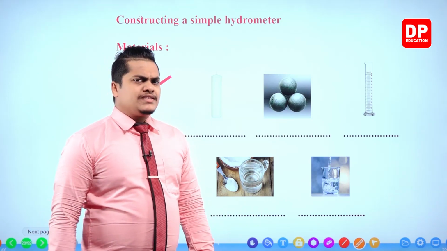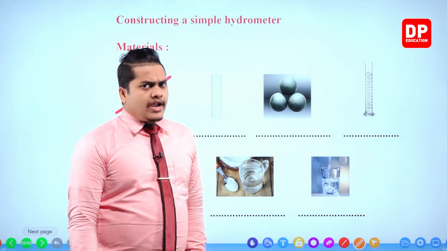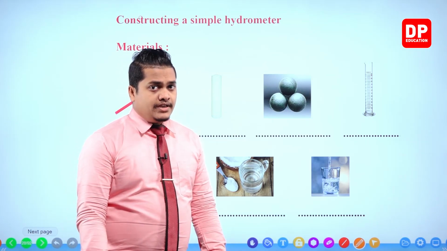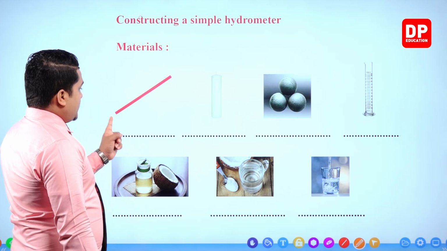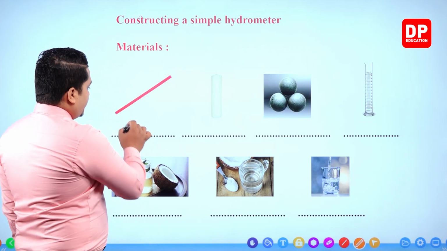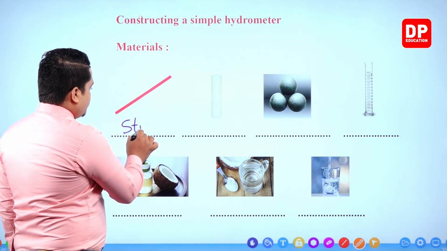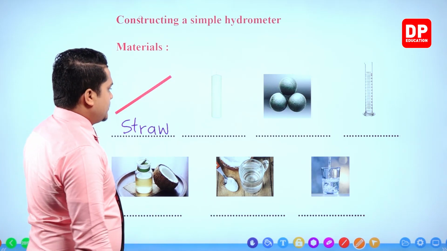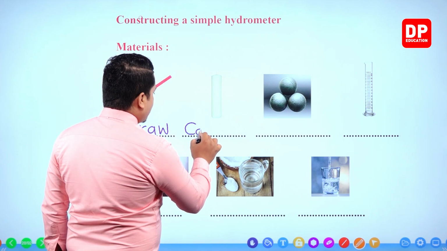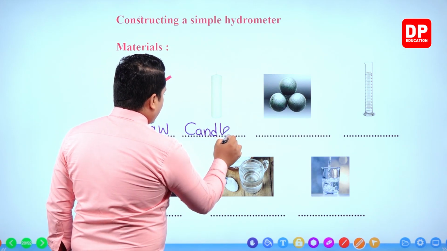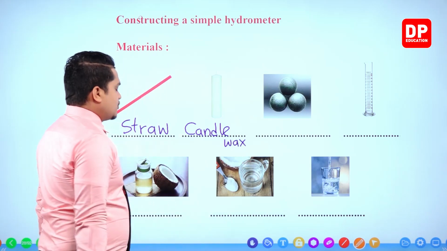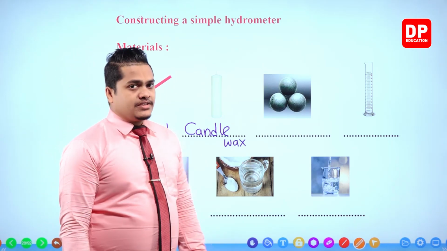So let's see how to make this toy hydrometer. First of all, we'll check what materials we need. First, a plastic straw. Then some candle wax, which we'll use to seal.